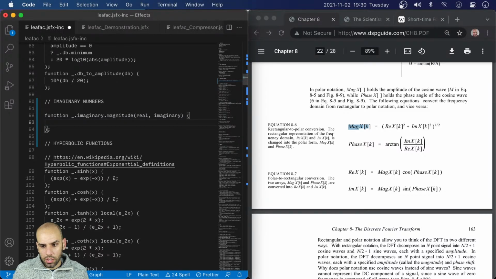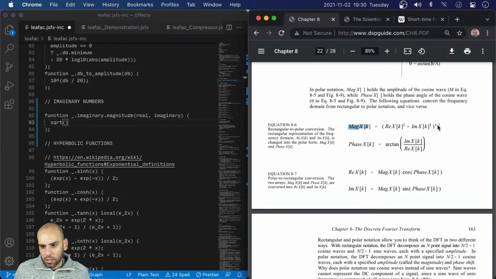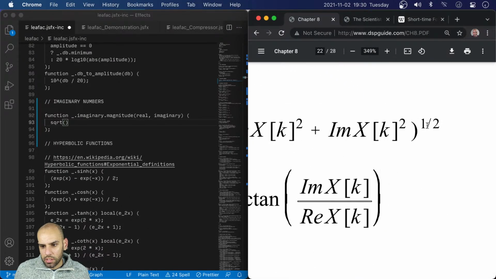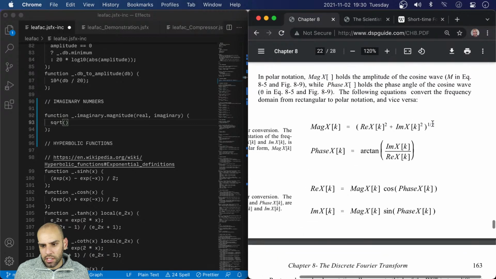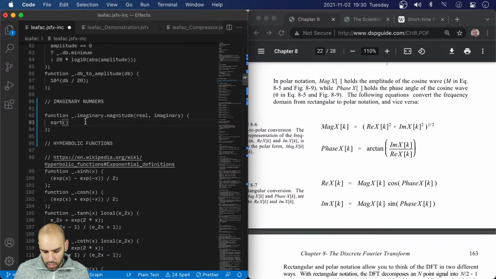So magnitude is a square root. I don't know why they used this notation, but maybe because it kind of matches this notation well. But yeah, the half here is just taking the square root. So the square root of the square of the real part and the square of the imaginary part.